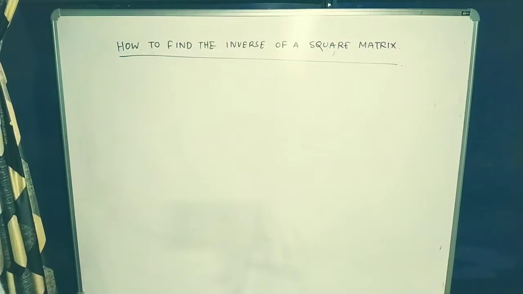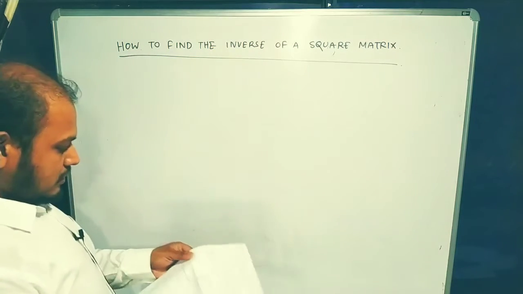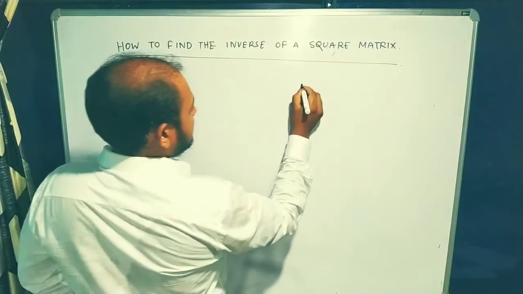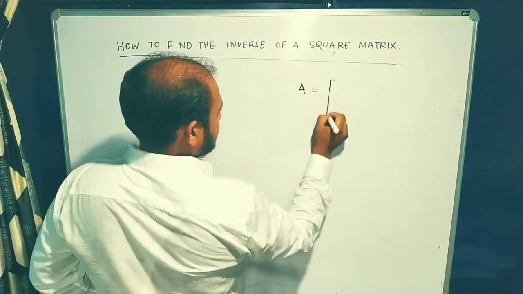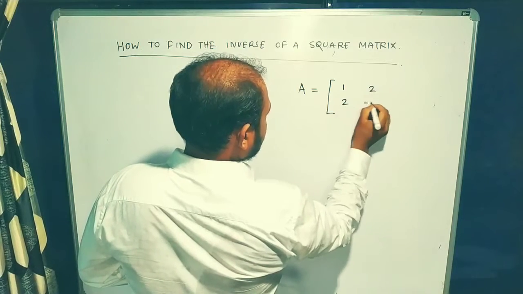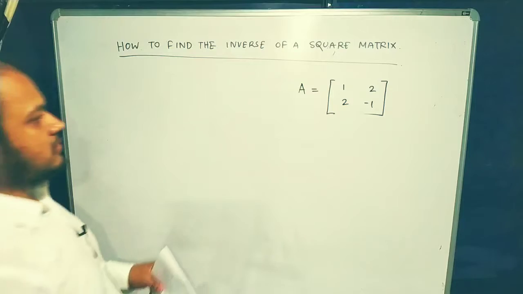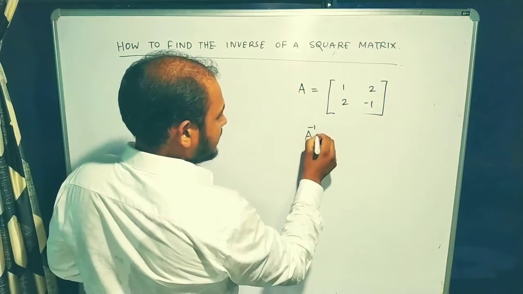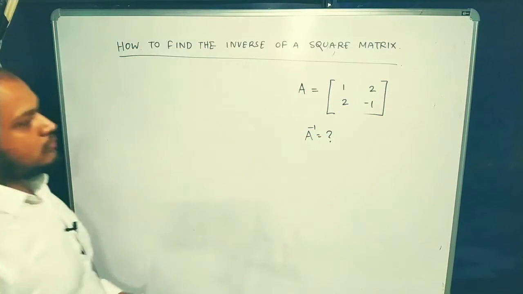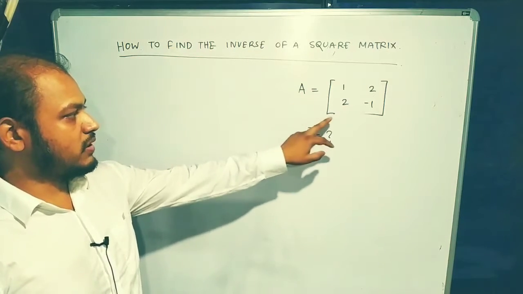Suppose I give you a square matrix and I ask you to find the inverse. For example, let us say we have a square matrix A is equal to 1, 2, 2, minus 1, 1, 2, 2, minus 1, and I ask you find A inverse. So you have to know the technique to find the inverse of this square matrix.